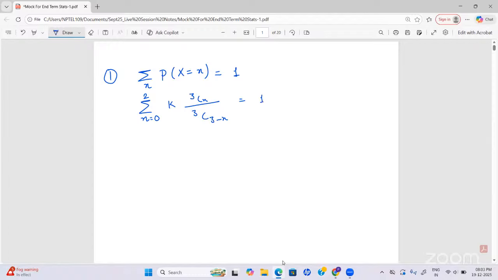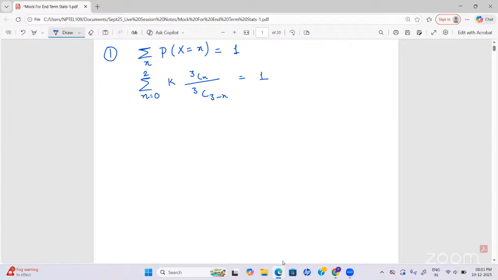So this should be equal to 1. Now we can put the values of x. It will be k 3c0 divided by 3c3, then k 3c1 divided by 3c2, and then k 3c2 divided by 3c1.